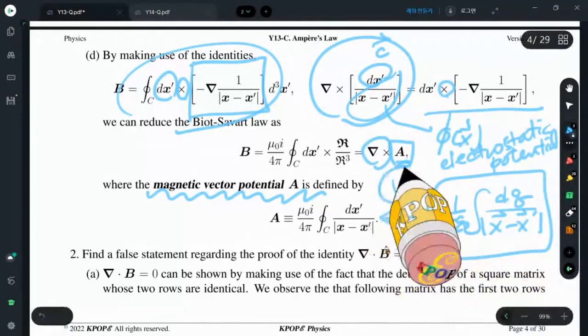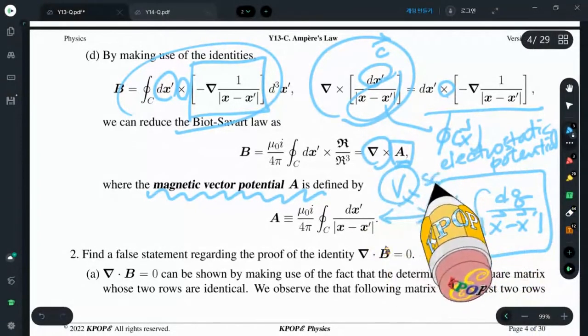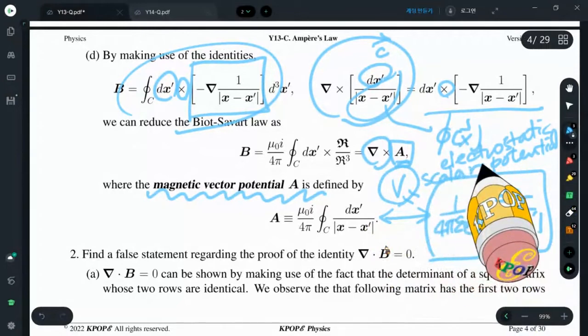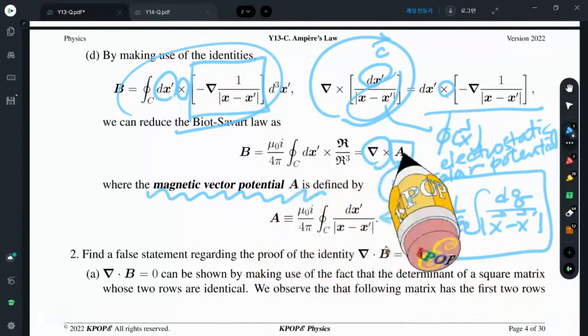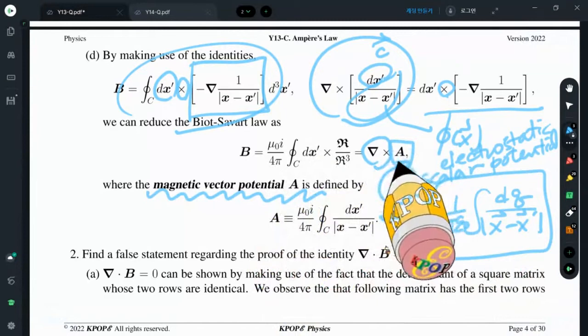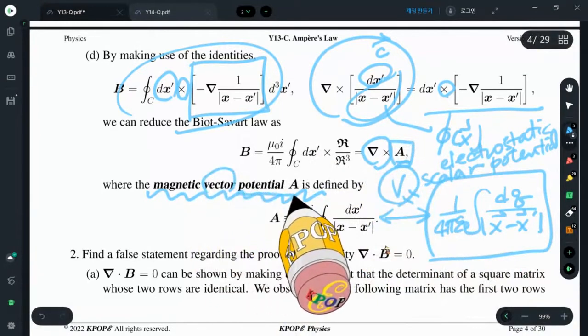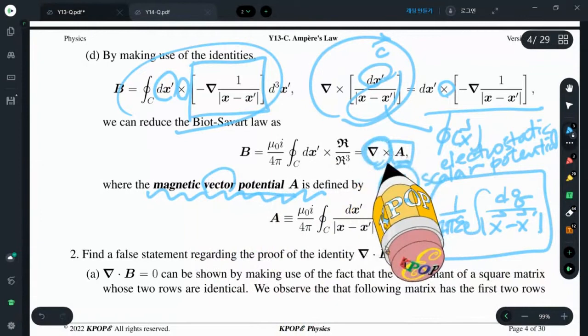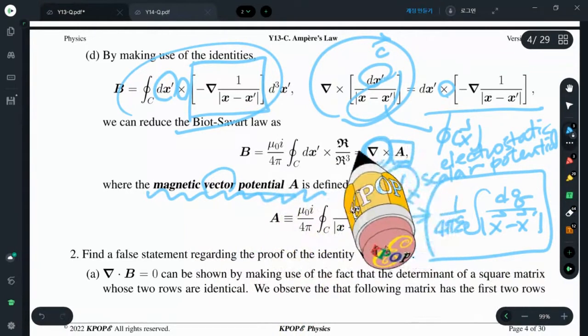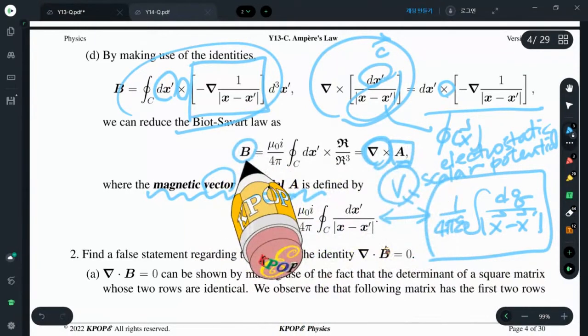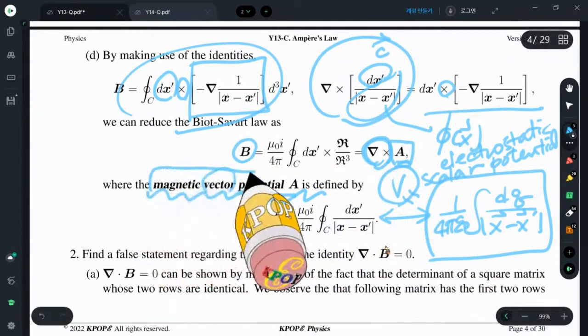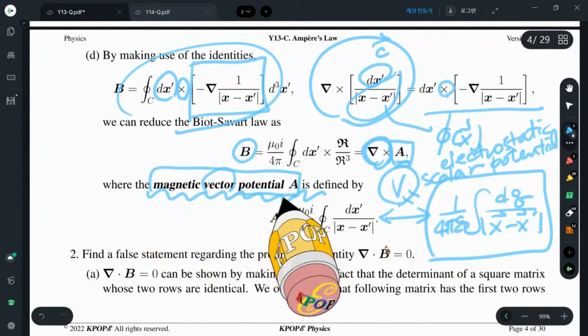However, the electrostatic potential is a scalar. However, this A is a vector. So we say it is a vector potential. And when we take the curl, then what we find is the magnetic field. That's the reason why we name this the magnetic vector potential.